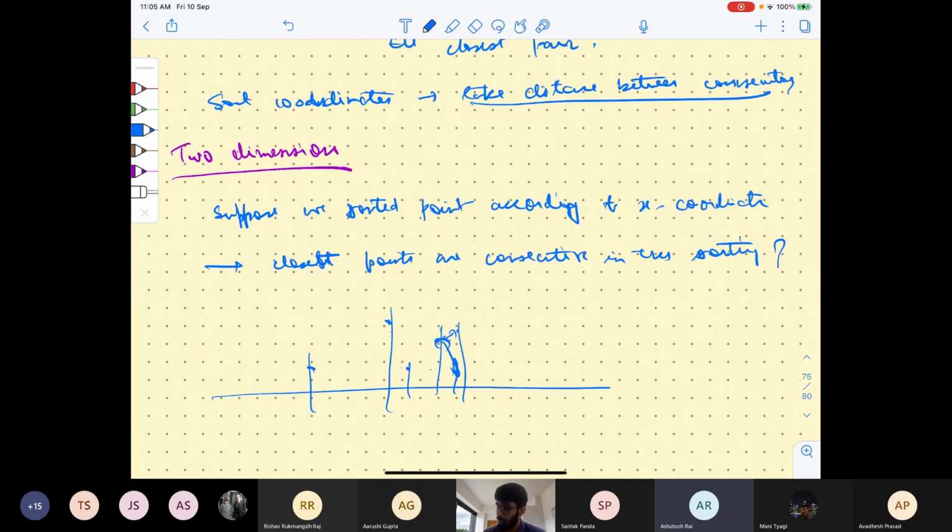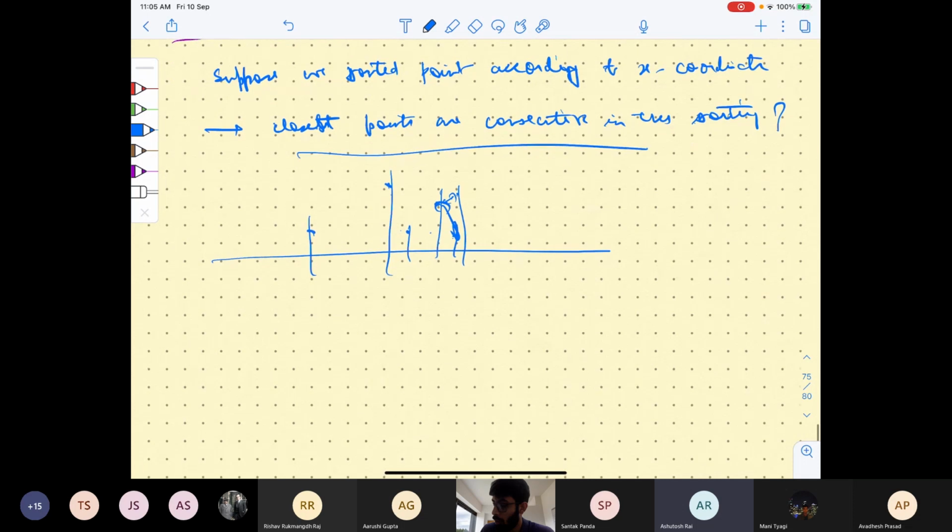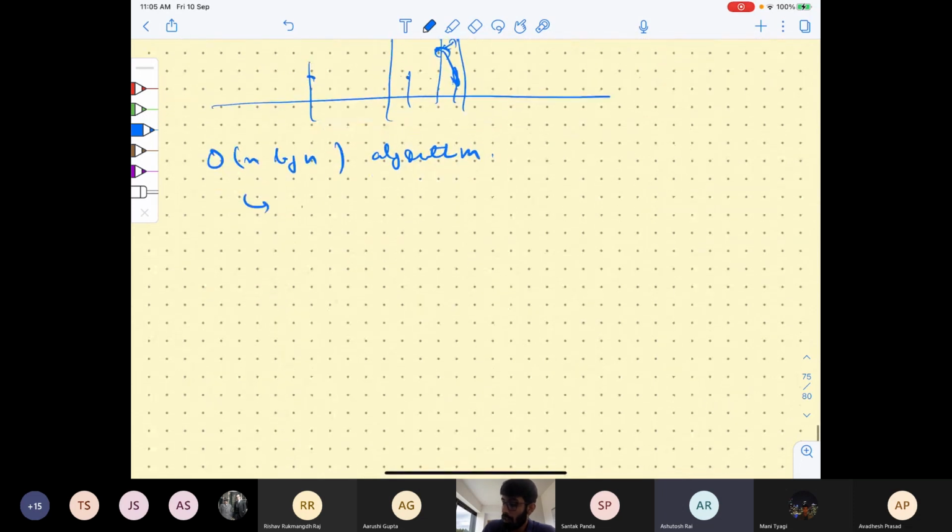But still we want to do something similar: if we can't get to consecutive, we want to arrive at some similar notion in two dimensions also, and we'll see how we can arrive at that. Okay, but before that, we want an order n log n algorithm, right? So what do we want to do again?